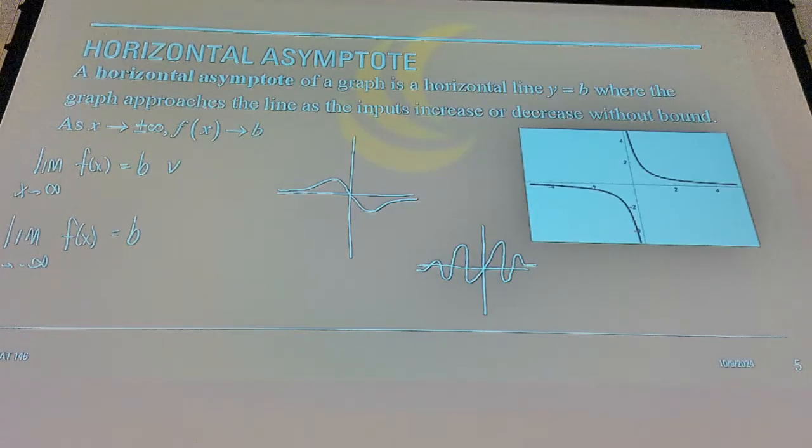And again, only one of those has to be true. So if we look at that top plot and we just cut out the left, 0 is still a horizontal asymptote, because as x increases without bound, it's approaching infinity.